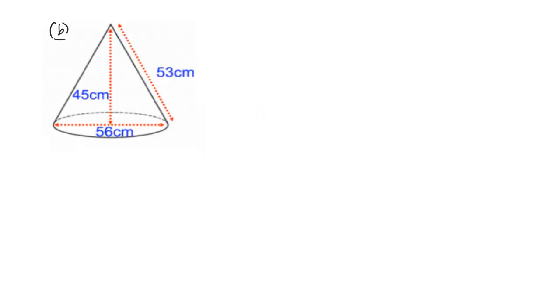Part B then. We've got lots of measurements on here, and what they're really trying to say is, do you know which ones you actually need? Our total surface area, remember, is pi RL, the curved bit, plus the circle at the base, pi r squared. So we need the radius.